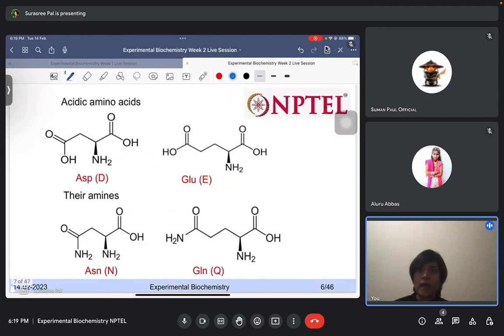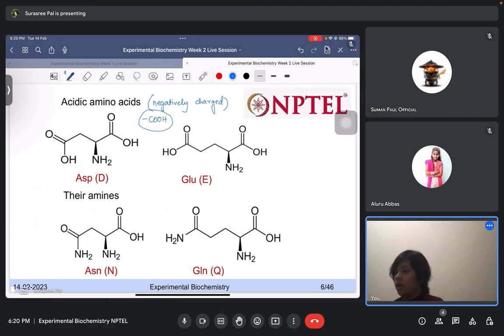Now next, coming to acidic amino acids, which are also negatively charged at physiological pH. So I'm writing it here, negatively charged amino acids. These are called acidic amino acids because they have an extra carboxyl group. This one is the alpha carboxyl group, the one which is present in all amino acids.